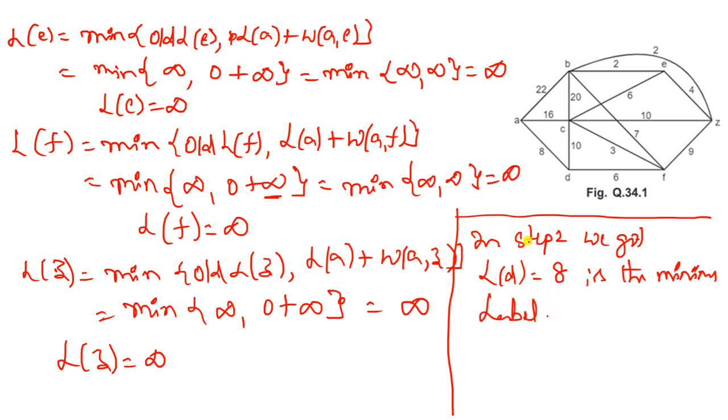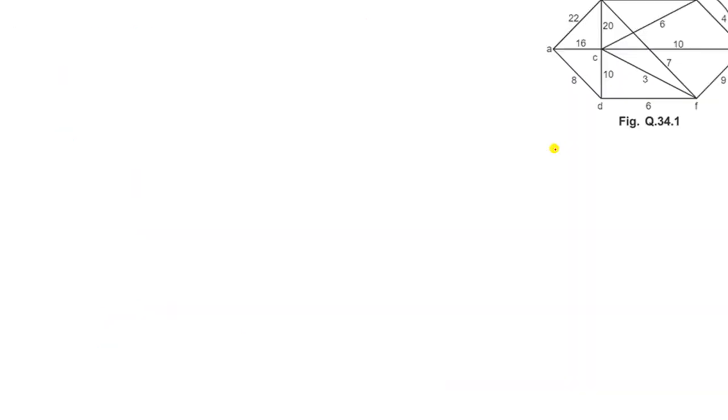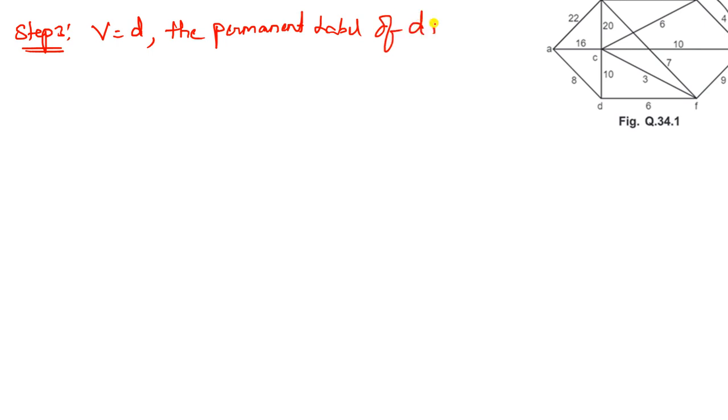Okay, now our new vertex will be D. That means we have to circle this one. In the previous class I explained, we visit A and then we visit D. So the next closest vertex for A is D. So now in step 3 again we have to initialize the values, like V is equal to D. Okay, so V equal to D, and then the permanent label of D is what? 8.